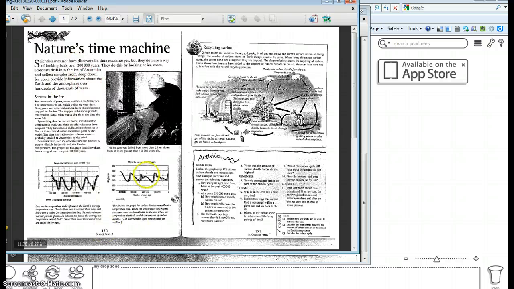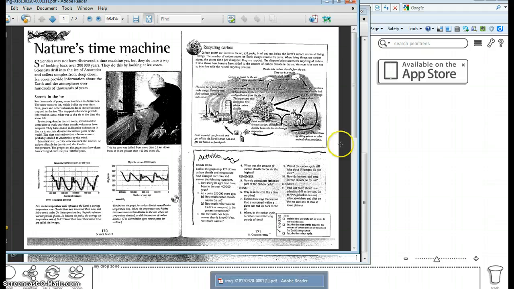Now, as you read through this, you'll find information. This probably looks quite familiar because it's almost identical to the diagram we had on our handout last lesson. And there are some questions here. And for this page, I would like you to answer questions 1 through to 10. Don't worry about 11, but 1 through to 10.